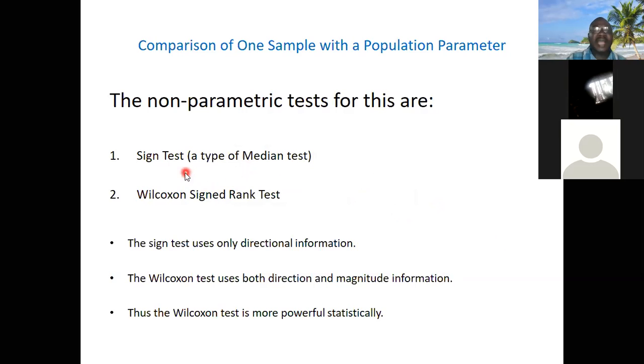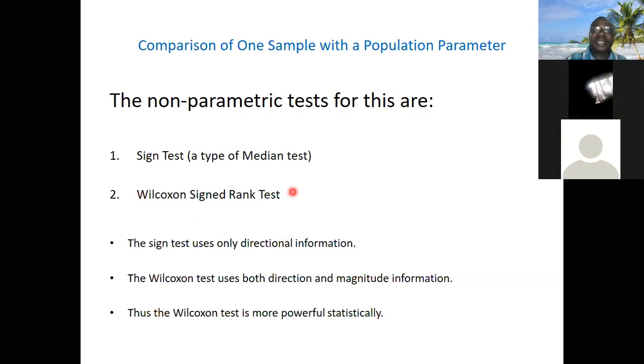Now, the sign test is a type of median test, as I've said. Then the Wilcoxon signed rank test. You know, this signed rank test is also used to compare two paired observations. That is, it's a non-parametric counterpart for the paired t-test.